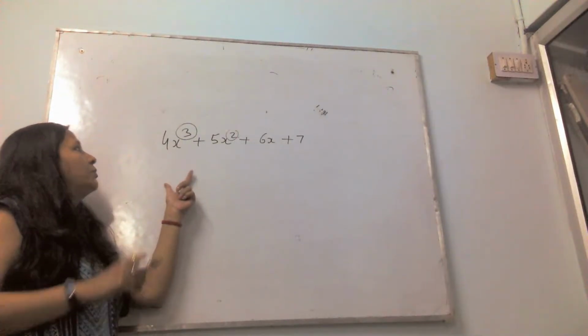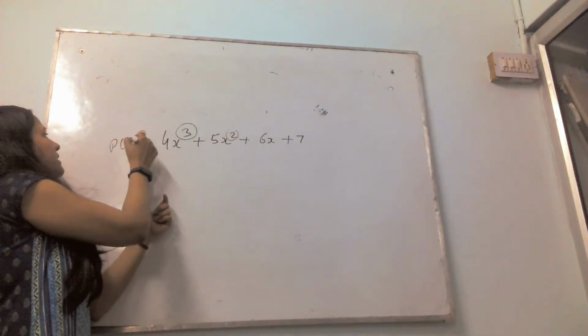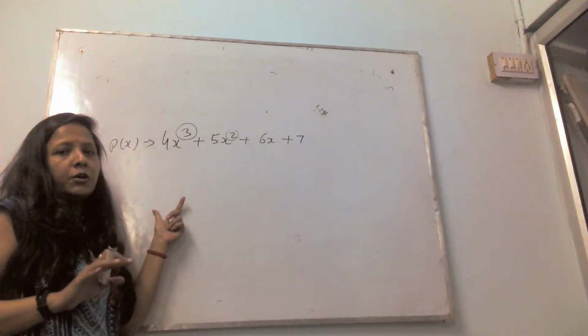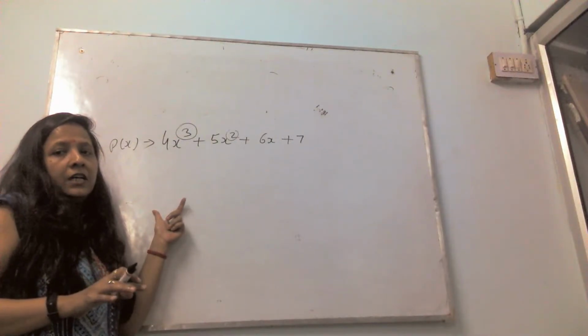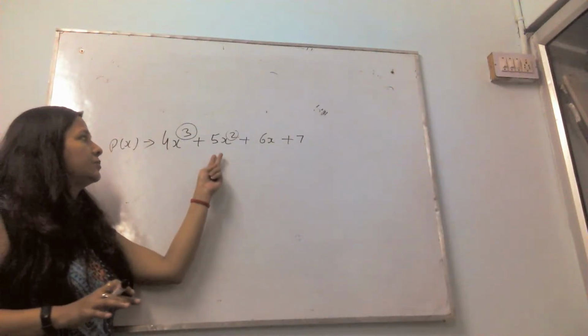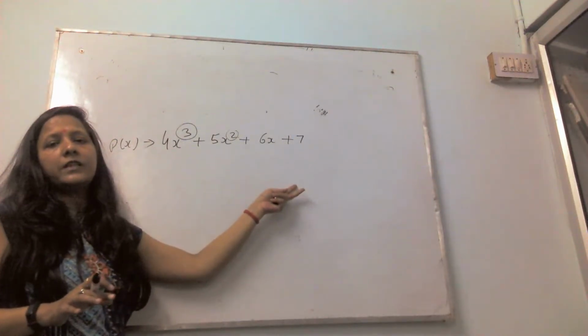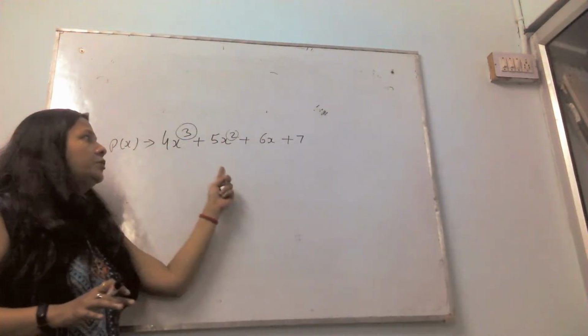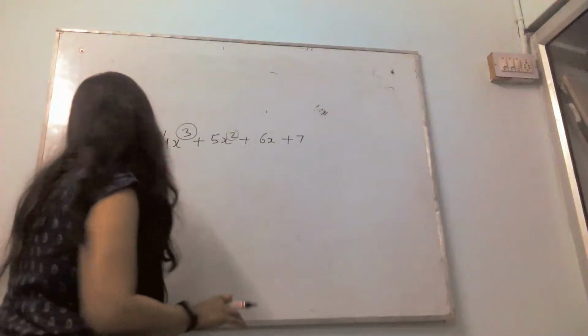The polynomial should be written in standard form, always. That means the highest power first, and then the smaller powers. This is called a polynomial in standard form.